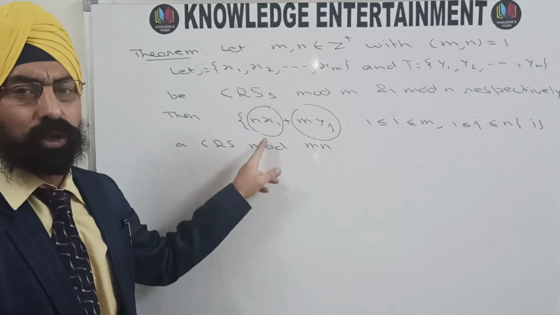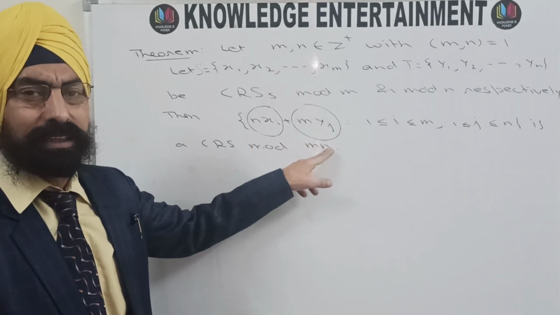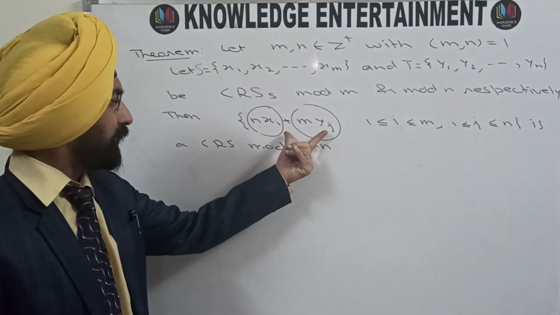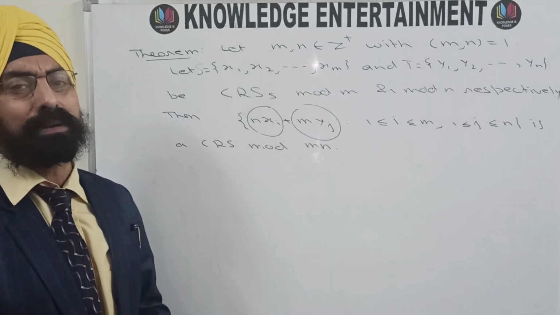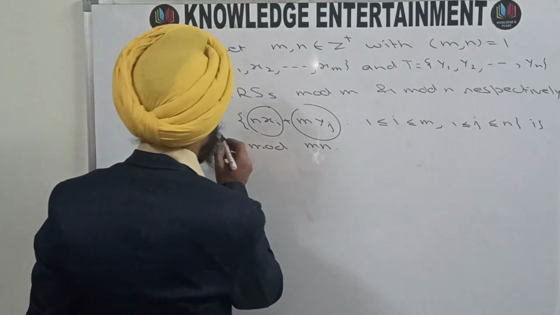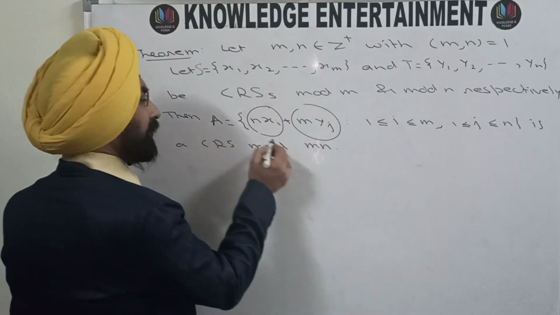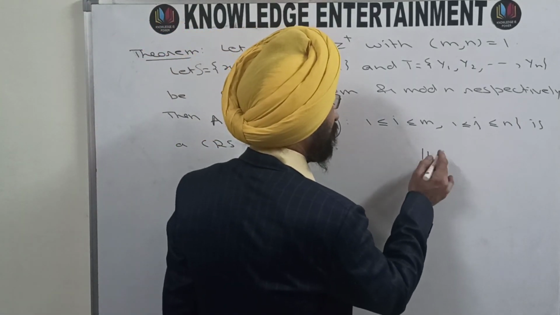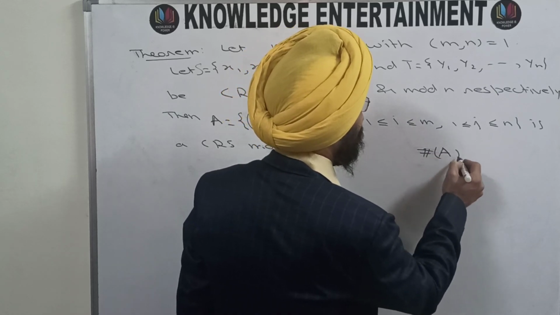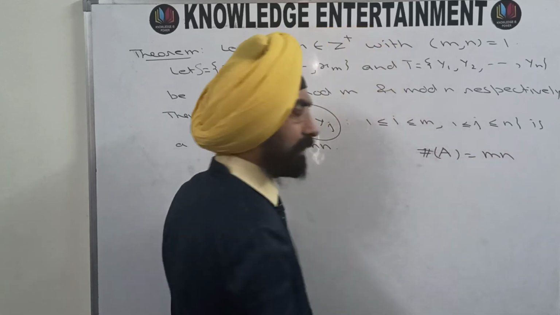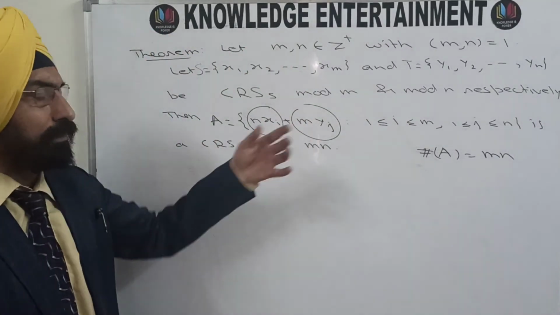So how many total choices do you have? mn. So how many members does this set have? This set has mn elements. If you call this set A, then the number of elements of the set A is equal to mn.